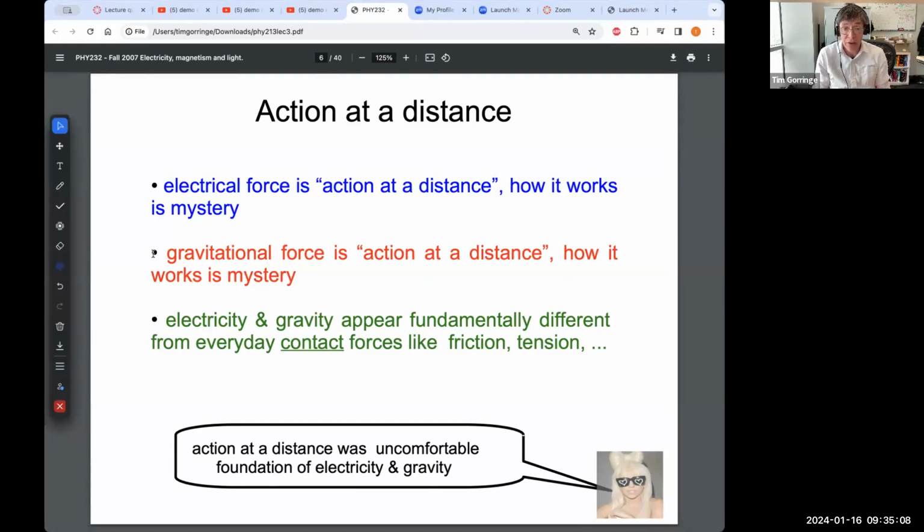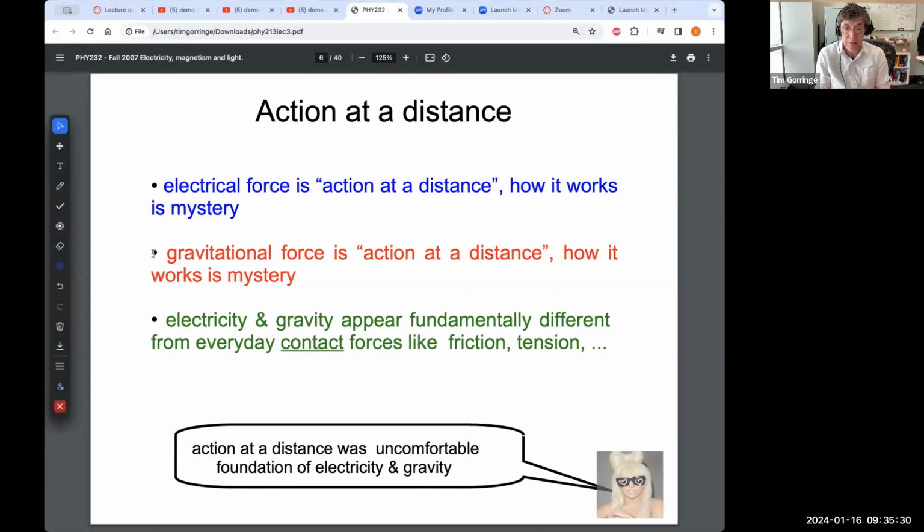For comparison, at the time of the development of gravitational force and electrical force, the Coulomb force, there were other forces that were known. They're common or garden forces, everyday forces, like friction and tension.